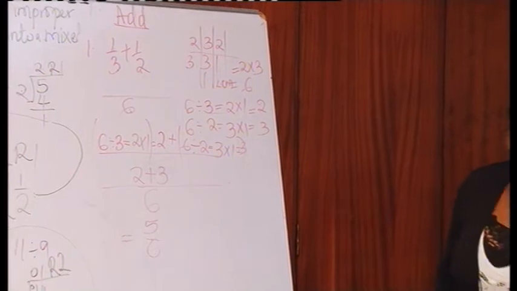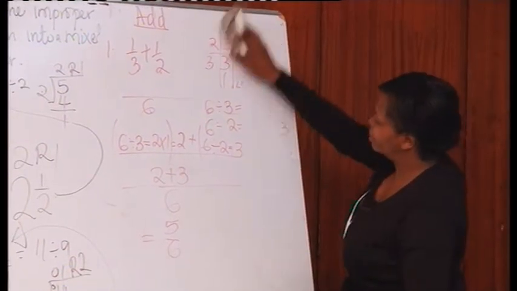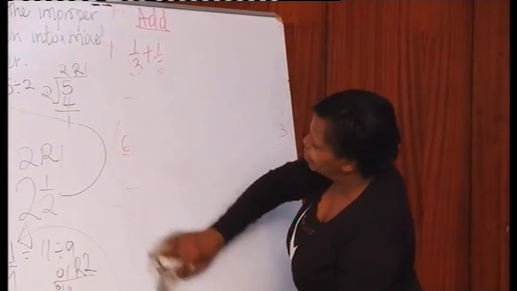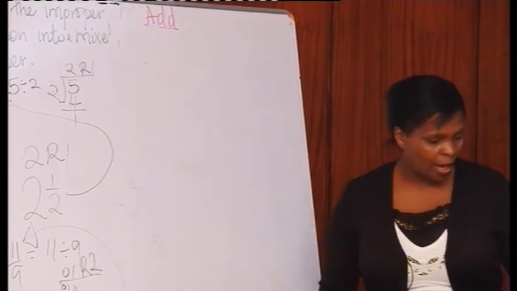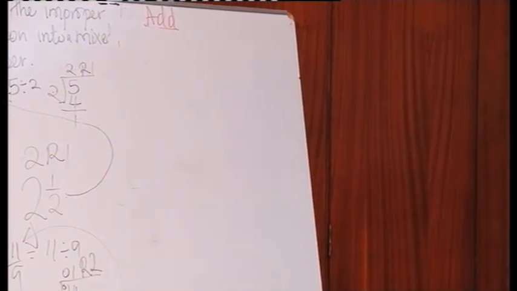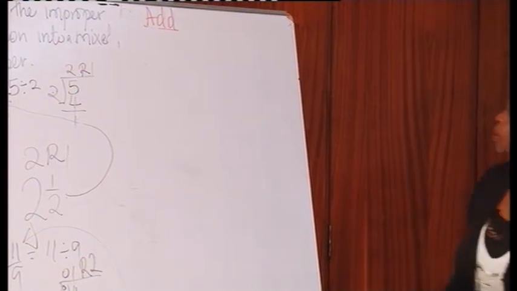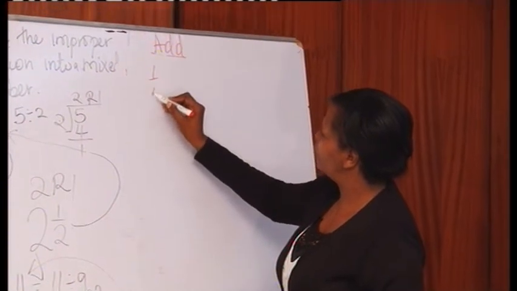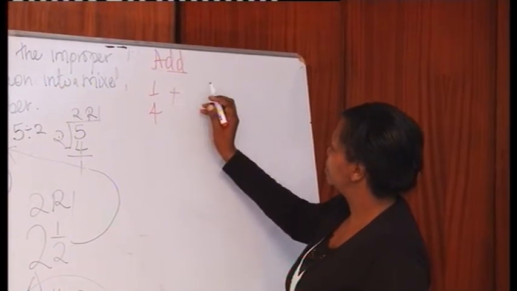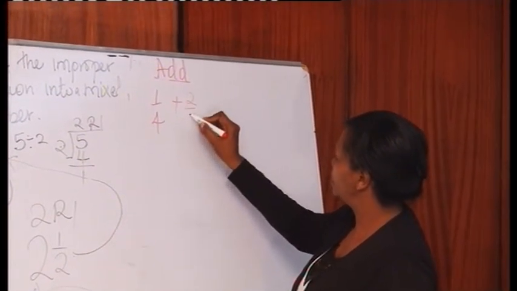Let me do now the last one and make sure I use the shortest method. For example, we have 1 over 4 plus 2 over 7.